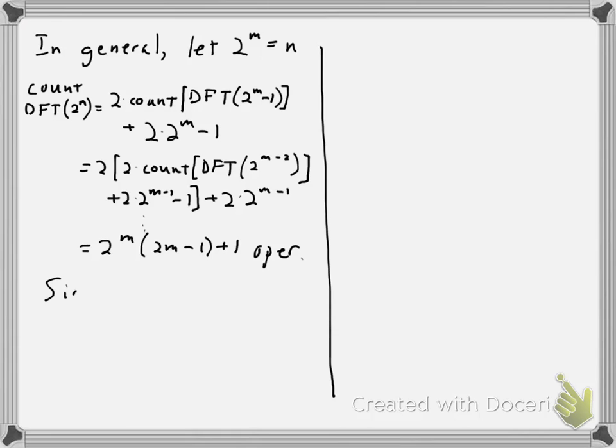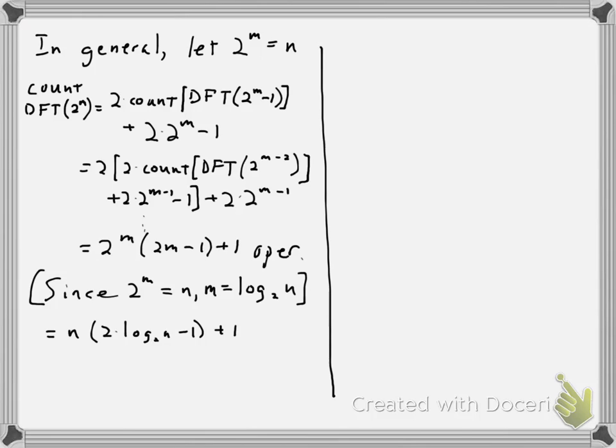And since 2 to the m equals n, we also have that m equals log base 2 of n. So if we substitute this in, our count is going to equal n times (2 log base 2 of n minus 1) plus 1.